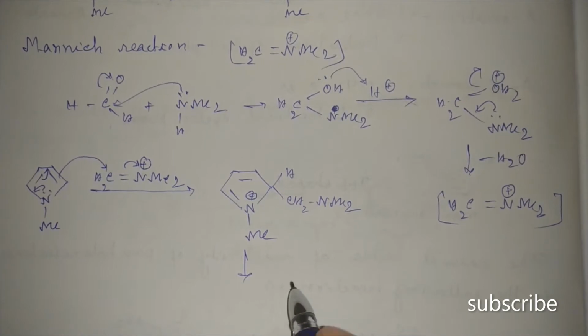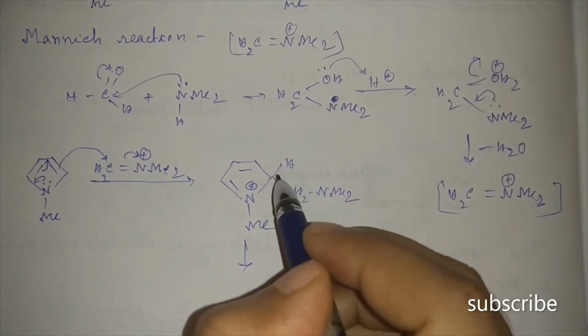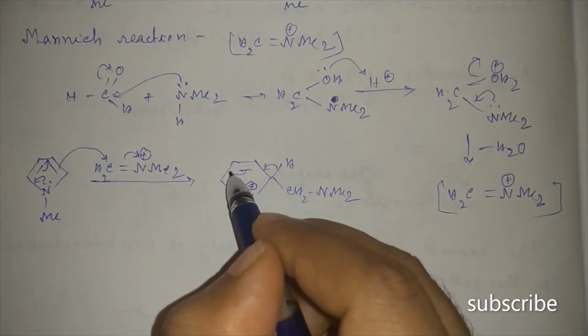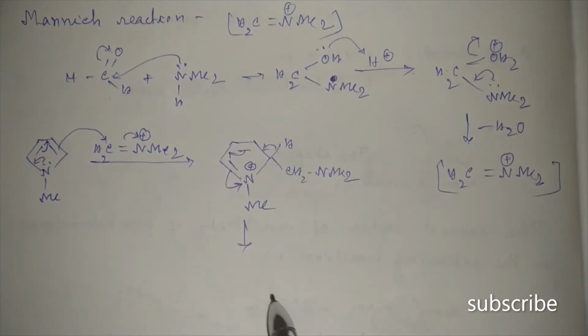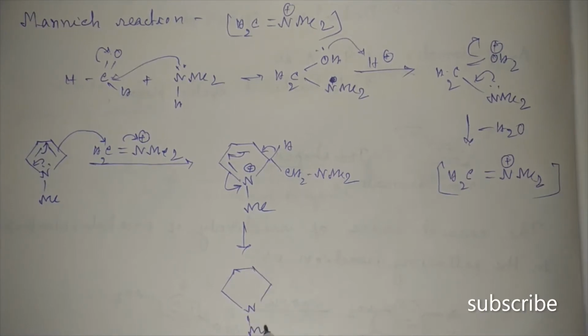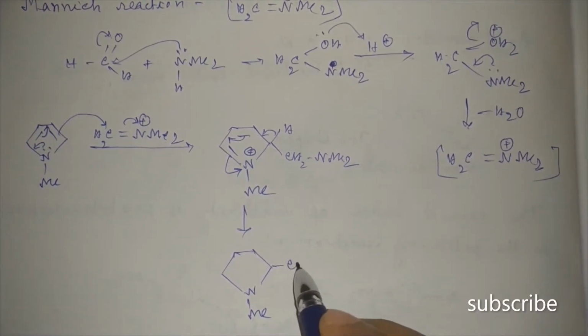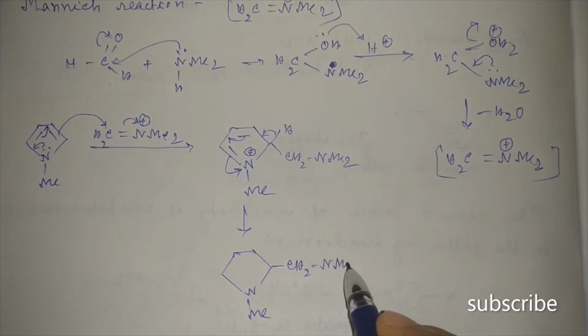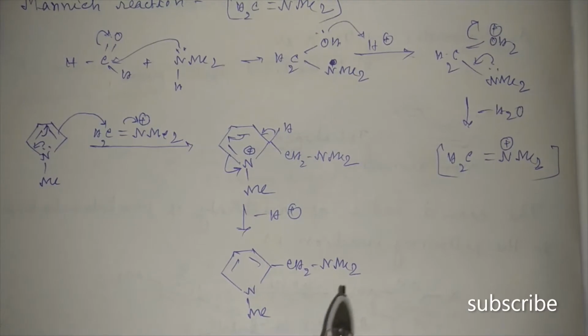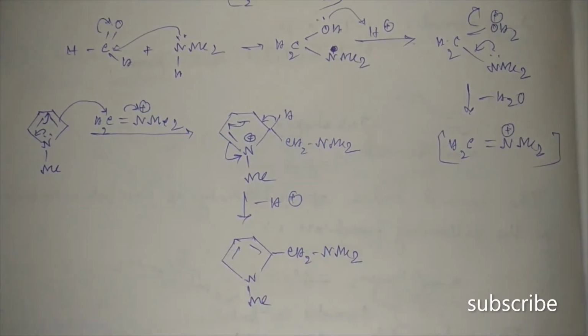To gain aromatization, to gain its aromaticity, it will lose one proton and the product is a substitution product. So this is an example of Mannich reaction.